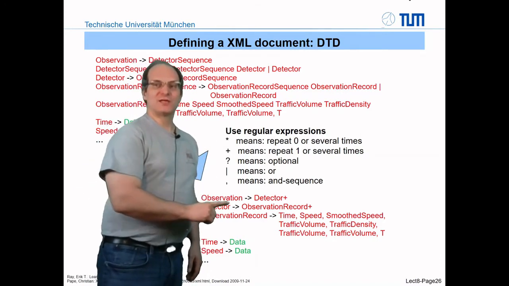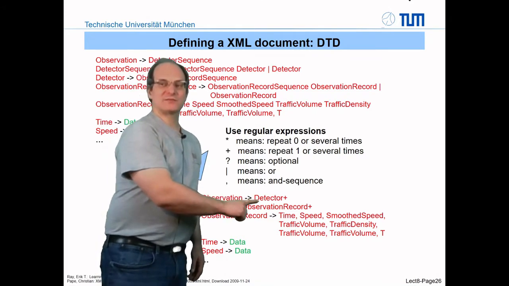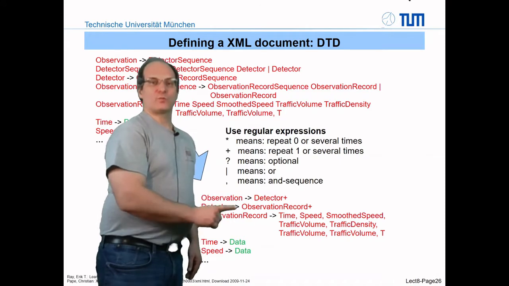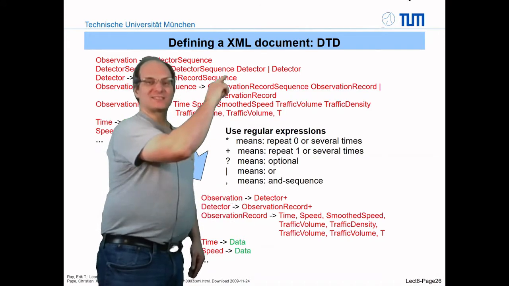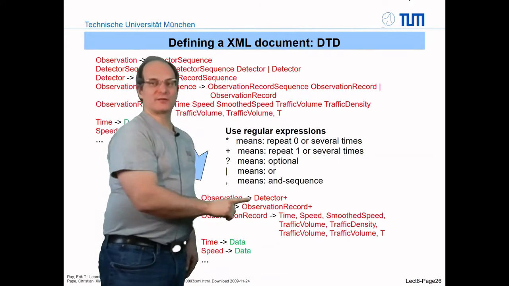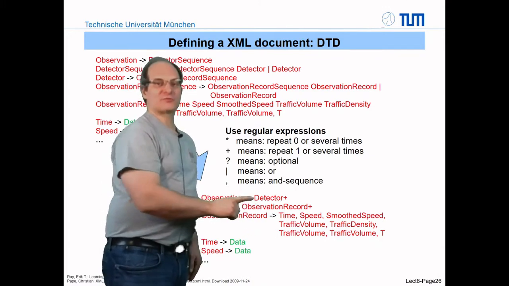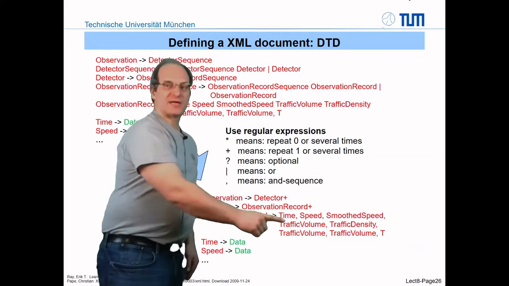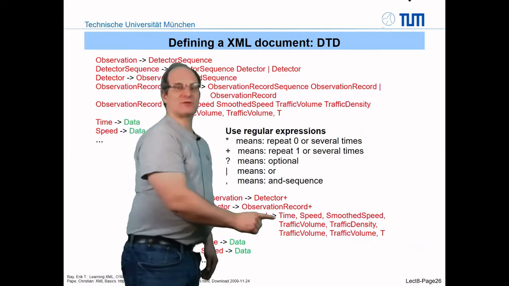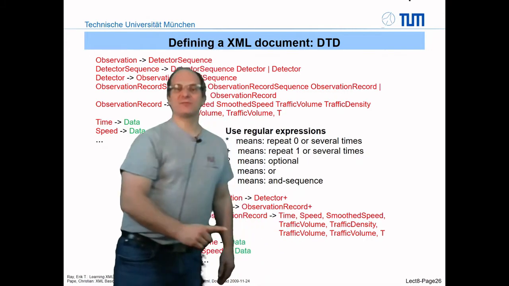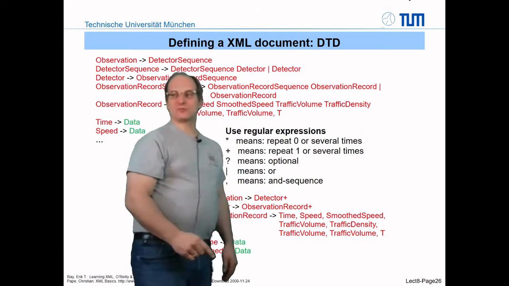For example, an observation now is a list of detectors, so detector plus. So we condense two rules into one. And then a detector is a list of observation records, so observation records plus. And the observation record is a sequence of time, speed, smooth speed, and so on. And time is then data, and so on.